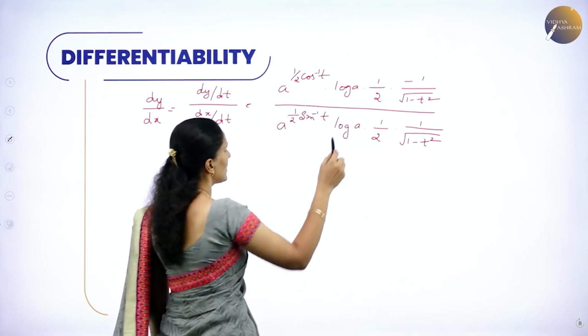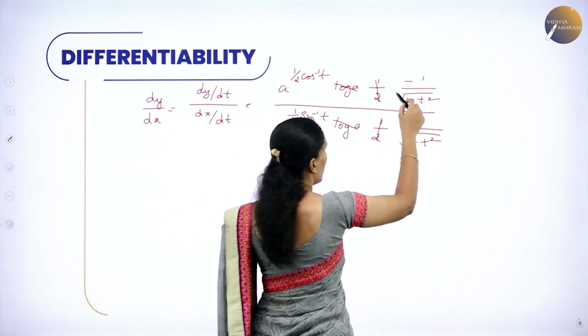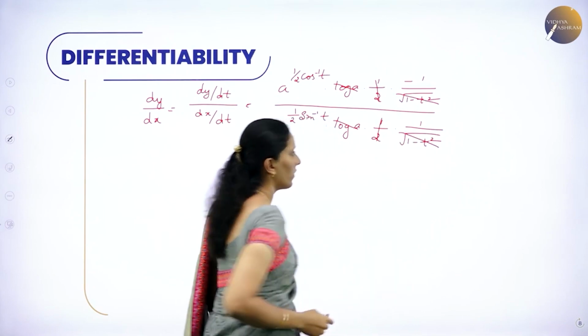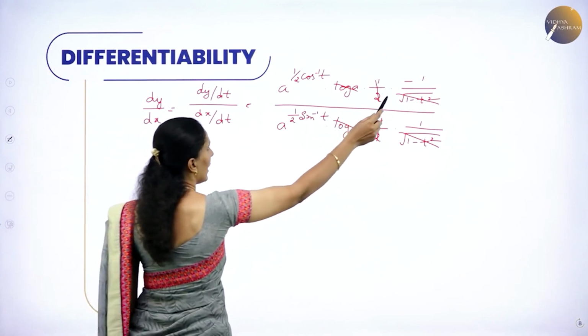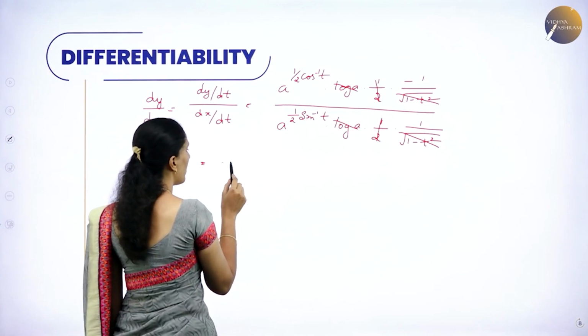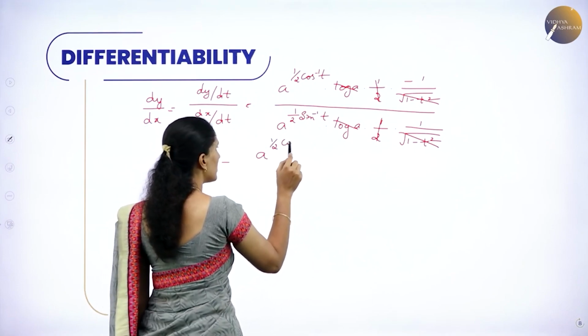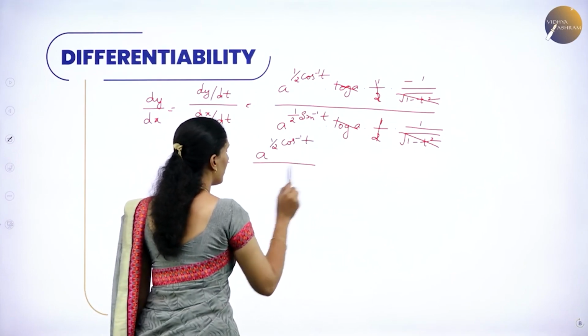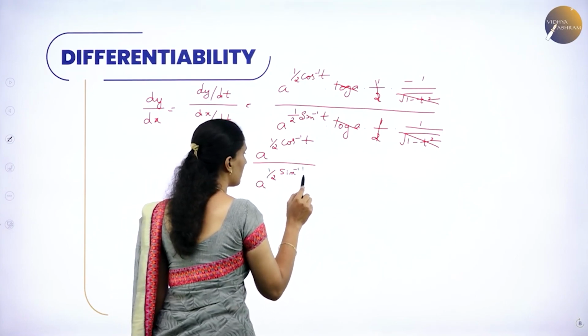So clearly you can see log a, 1 by 2, 1 by 2, root of 1 minus t square, root of 1 minus t square get cancelled. So I am left with a negative sign in the numerator. So minus a 1 by 2 cos inverse t divided by a 1 by 2 sine inverse t.